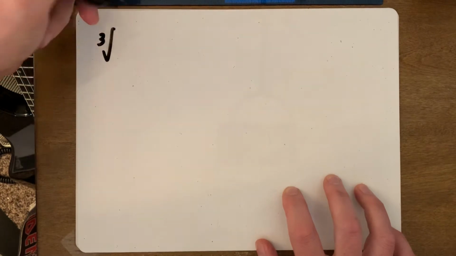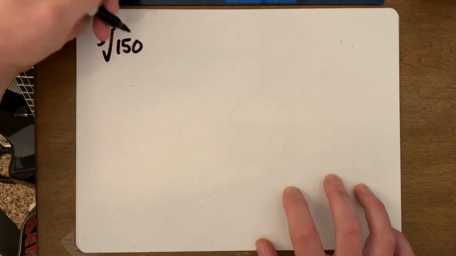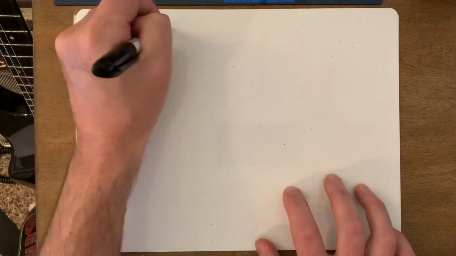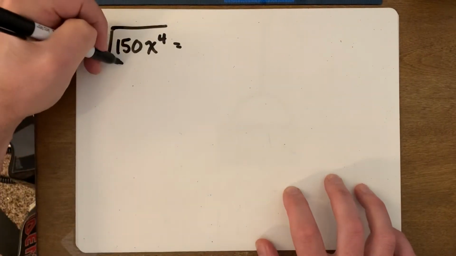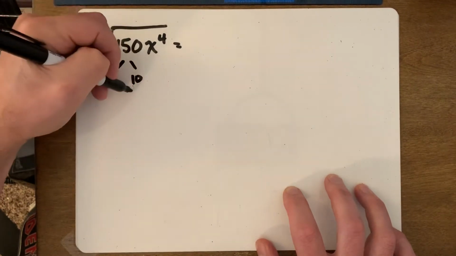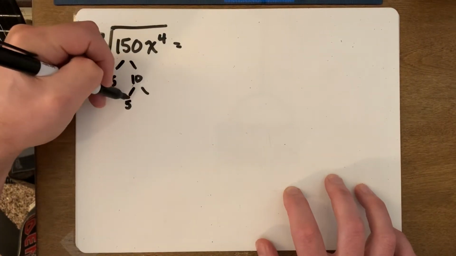All right, this time we're going to do the cube root of 150 x to the 4th. Okay, so let's see what this one looks like. All right, let's break down 150. Let's do 15 times 10. 10 is 5 times 2.